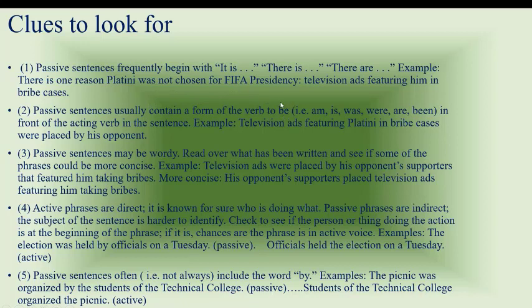There must be a form of verb to be in the sentence to make it passive voice. So the verb to be should be used in any form suitable for the sentence in front of the acting verb. Example: television ads featuring Platini in bribe cases were placed by his opponent.